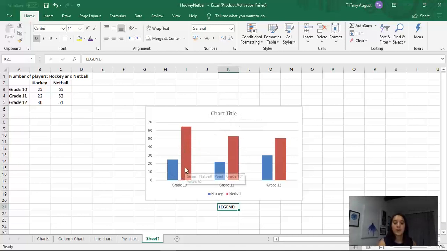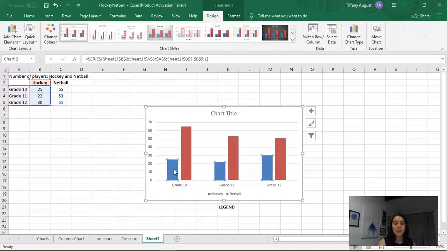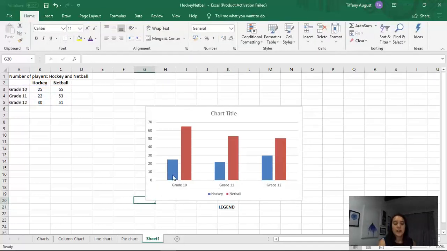So these are your series, these we call series. And if you hover on it, you'll see that it gives you a number, it gives you a name, and where it belongs. So if we hover over the blue, for example, you'll see it's a series. That series represents hockey, and point. The point is for grade 10s, and the value is 25, which is exactly how many grade 10s play hockey.